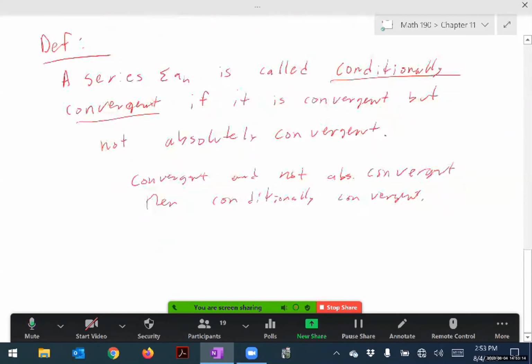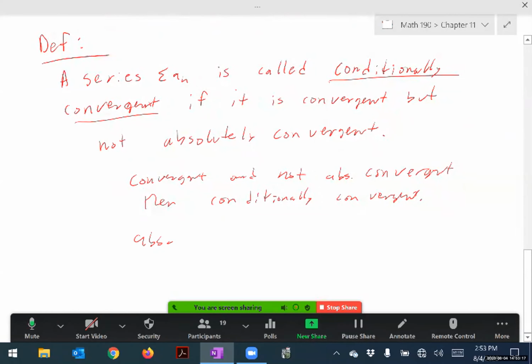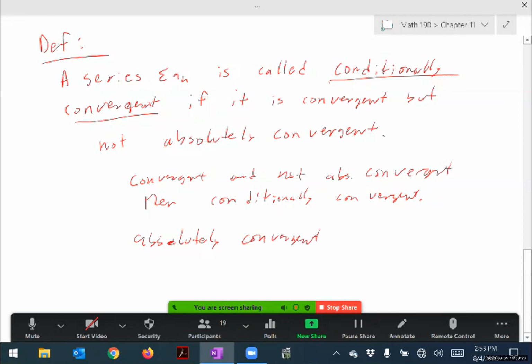However, if it is absolutely convergent, then that implies that it has to be convergent. It's almost like convergent.